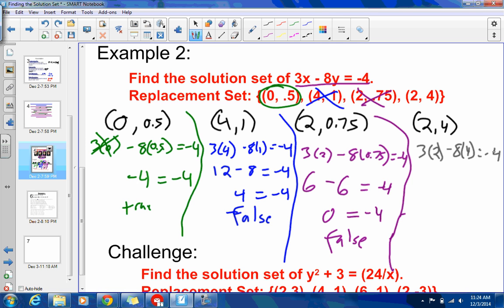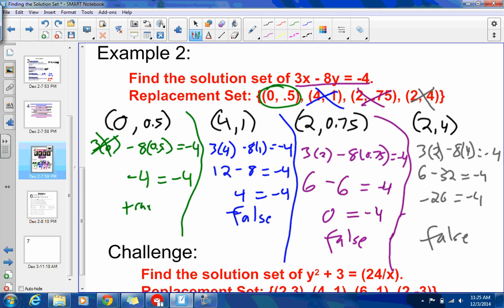Okay, so let's simplify to see if the left side is equal to negative 4. You have 6 again here, 3 times 2, minus 8 times 4. 8 times 4 is 32. 6 minus 32, that's going to be a negative number, so negative 26 equals negative 4. That's also false. So get that out of there.